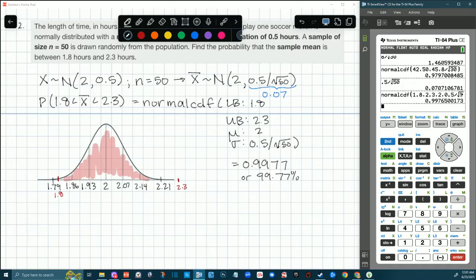We've got one more example, but before we do it, just to point out, that step where we're properly labeling our axis on that standard normal curve is an excellent way to check that your answer makes sense.